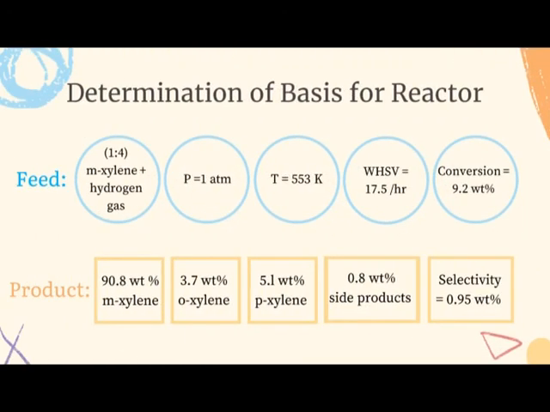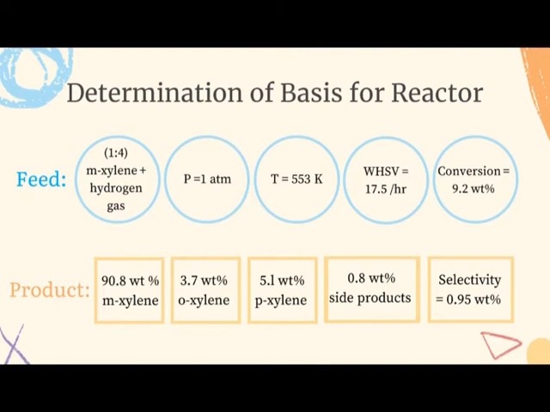Moving on to the determination of basis for reactor, for isomerization of m-xylene to o-xylene, for the feed, a 1 to 4 mole ratio of m-xylene to hydrogen is assumed. Besides, the pressure required for the reaction to occur is atmospheric pressure, while the optimum reaction temperature is 553 Kelvin. In addition, weight-hour space velocity for this reaction is assumed to be 17.5 per hour, with reaction conversion of 0.92 weight%.